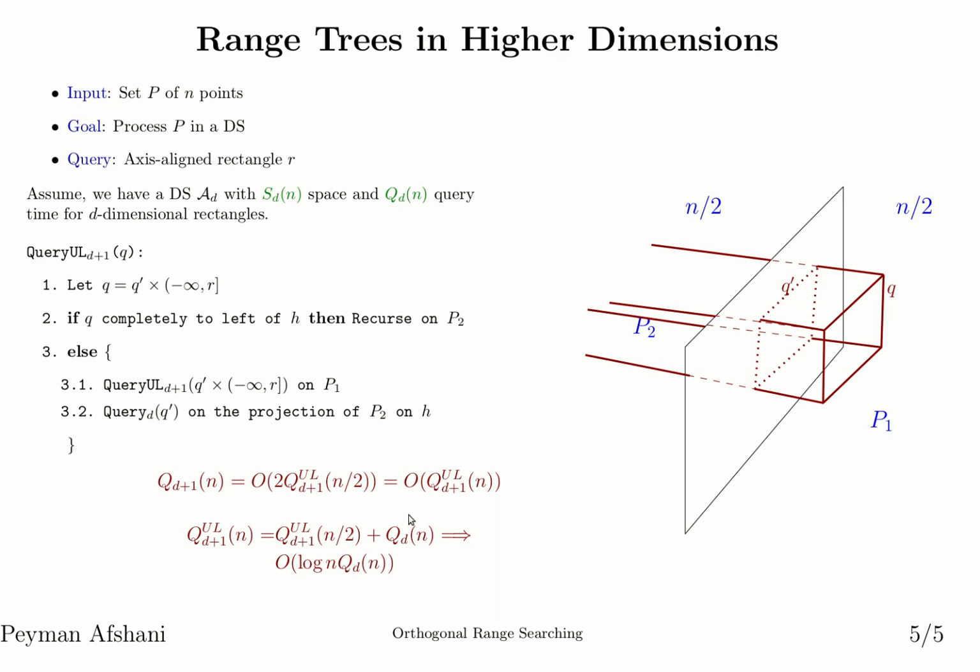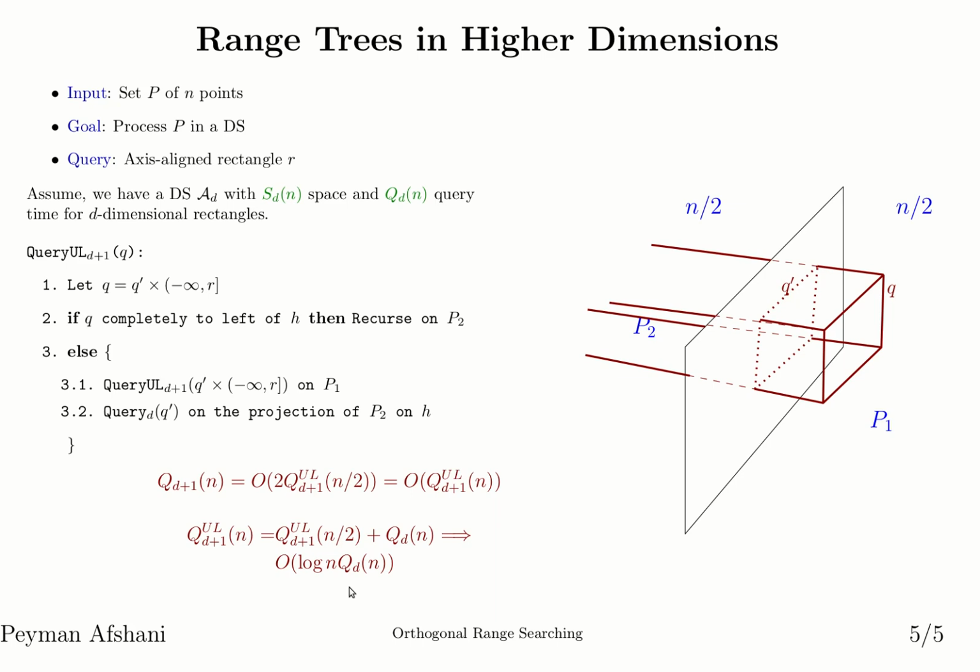So that is bounded by this function. This solves to log n times the query time over d-dimensional space. This is in fact a slight overestimation, but it overestimates this recursion only by a constant factor.